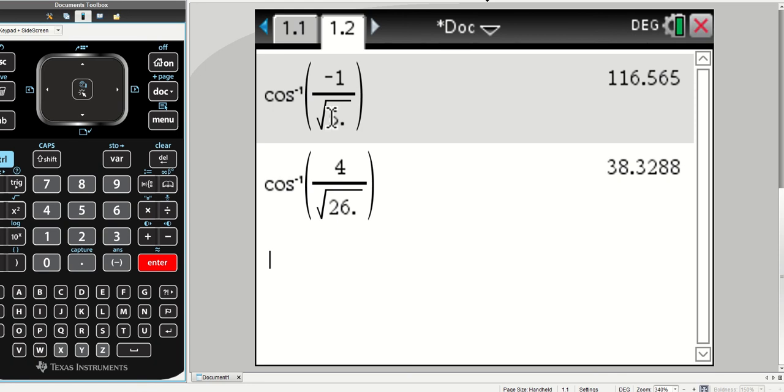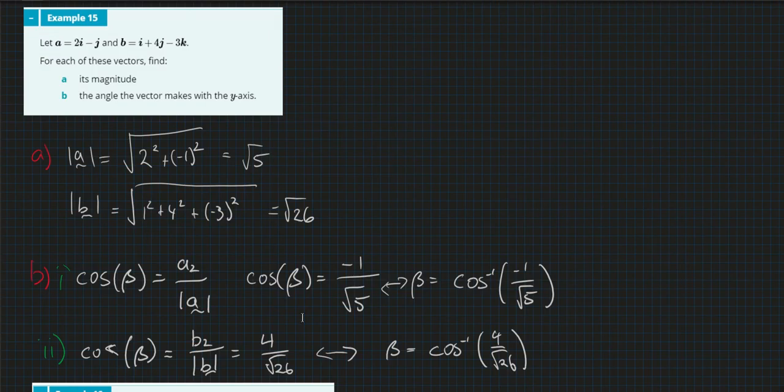The first one is 116 degrees. And the second one was 38. So 116.5 and 38.3. So equals 116 point, I think it was 8.